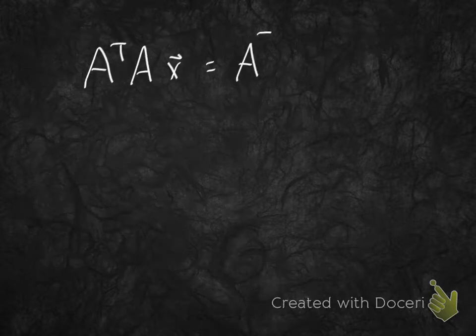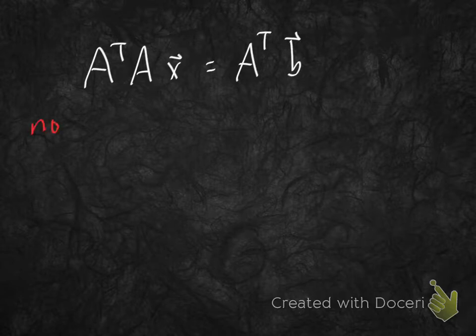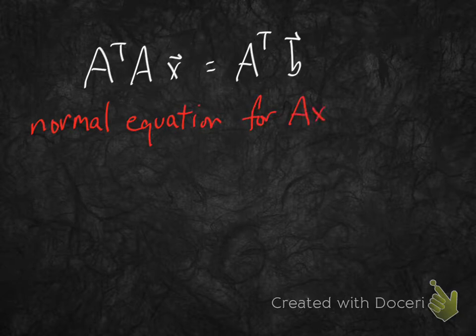Now this equation, A transpose A times x equals A transpose b, is called the normal equation for the linear equation Ax equals b, right? And so what we see is a least squares solution is actually a solution to the normal equation.